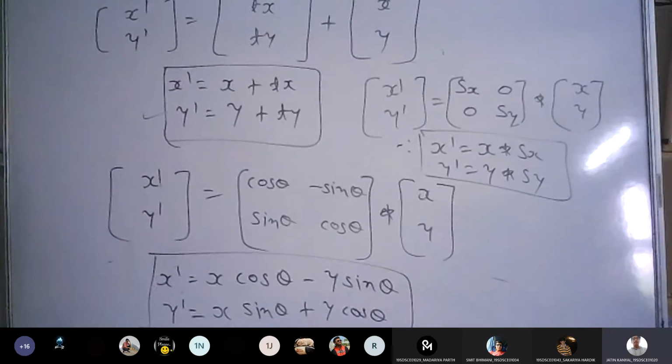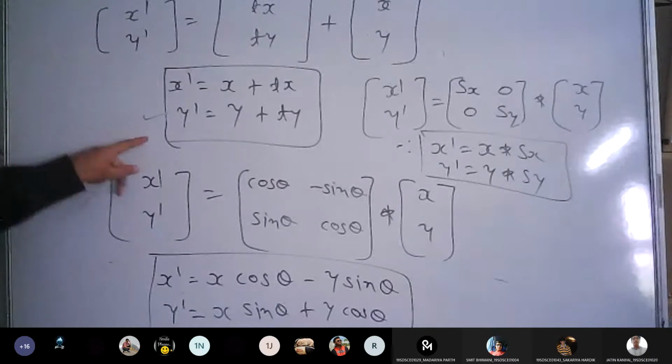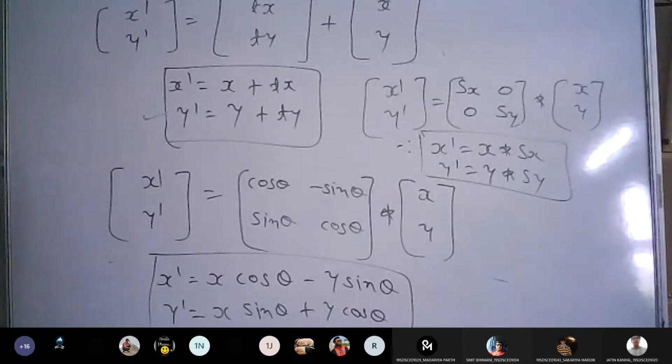I want to write the general equation for translation in terms of P and P dash, will you help me? No one is able to recall it? No, sir.